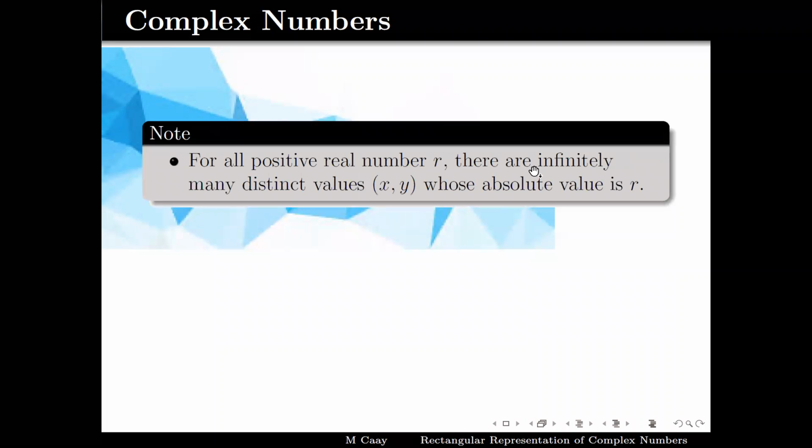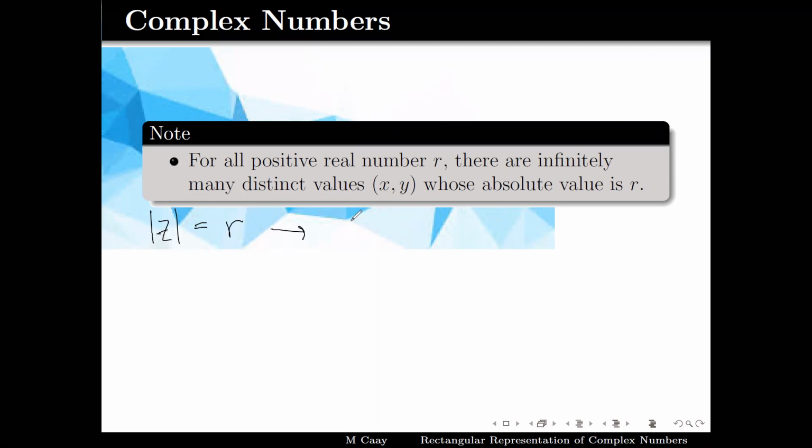Note that for every positive real number r, there are infinitely many distinct values (x, y) whose absolute value is r. Basically, you can imagine that by taking the modulus of z, in which the modulus of z is r, it actually refers to infinitely many values of x and y, because remember, you have to take the absolute value here.